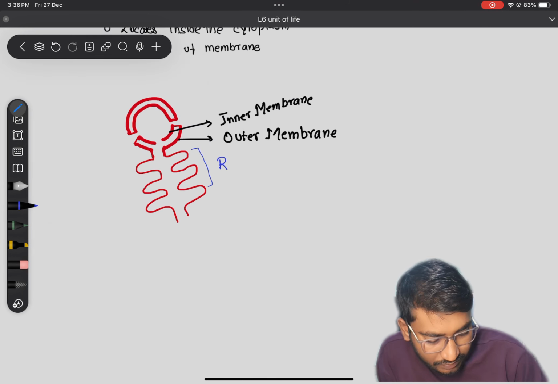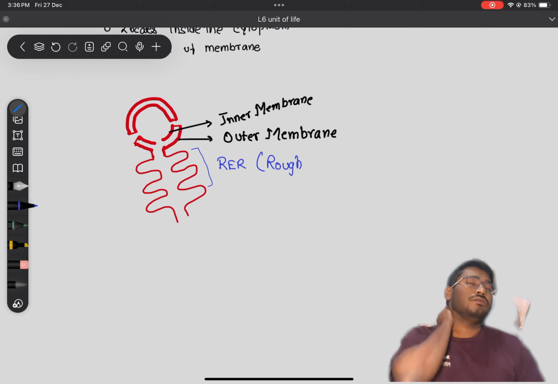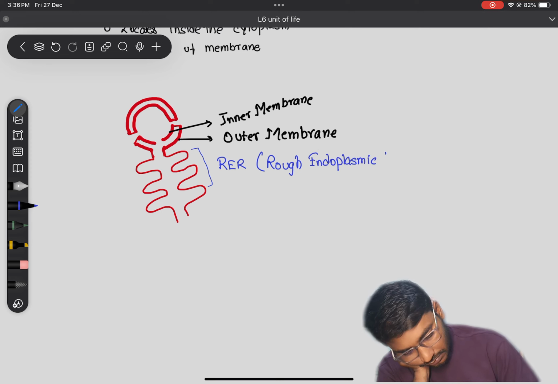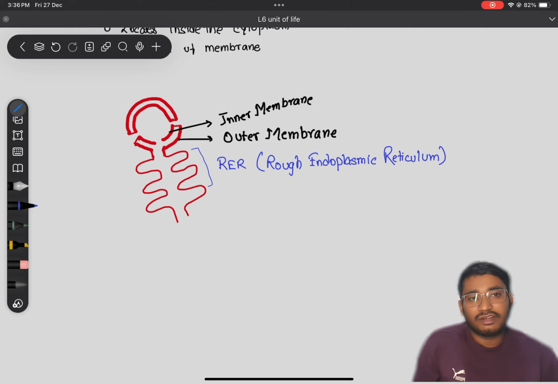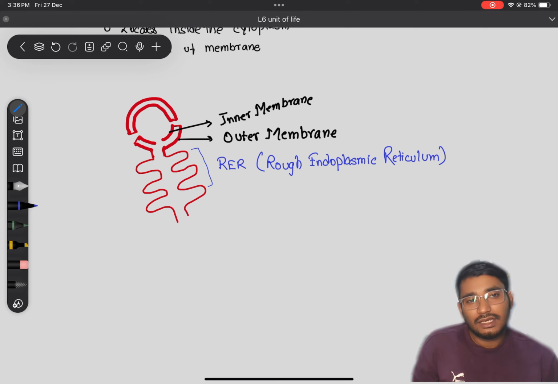Why is it named the rough endoplasmic reticulum? It is named so because the ribosomes are situated on the endoplasmic reticulum, and the function of the ribosome is to make protein.